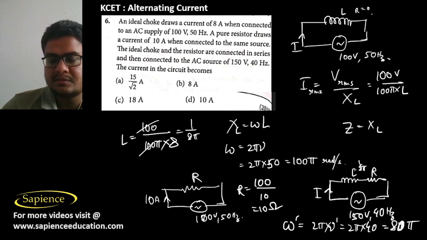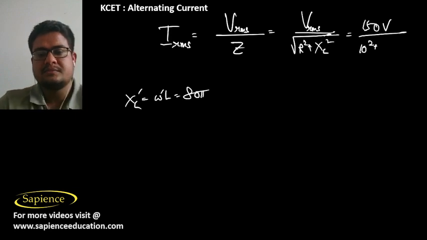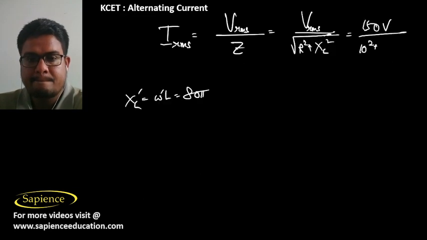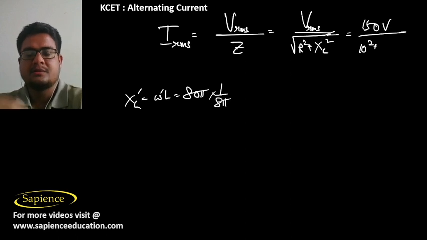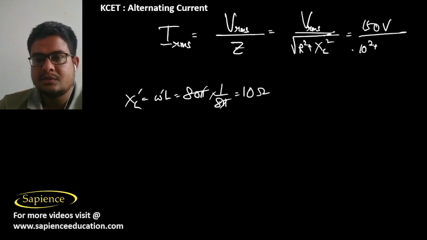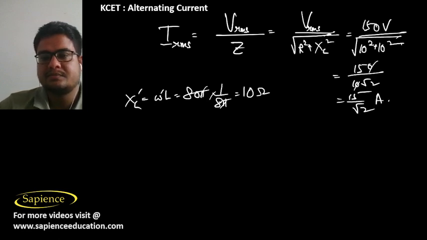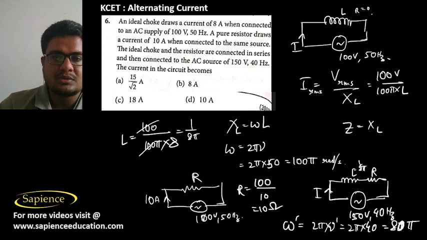So the new value of XL is omega dash into L, that is 80 pi into 1 by 8 pi, which is equal to 10 ohm. So Z is the square root of 10 square plus 10 square. This is 150 by 10 root 2. So this is 15 by root 2 ampere. So option A is the correct answer.